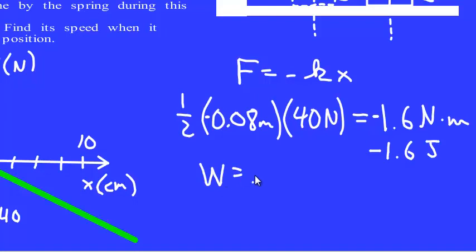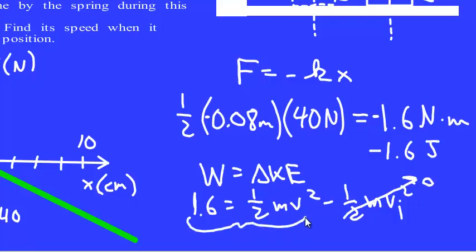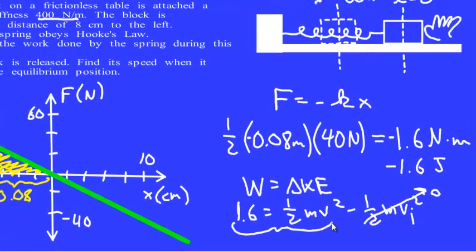So we can use the work kinetic energy theorem, where the 1.6 goes right here, and then I'm not going to work it out, but I'll just set it up for you, where you can just plug in these values here and solve for the final speed, right? When you push the block back to the 8 centimeter mark, it's not moving, right? So the initial velocity would be 0. And then you're just solving this equation right here for velocity.